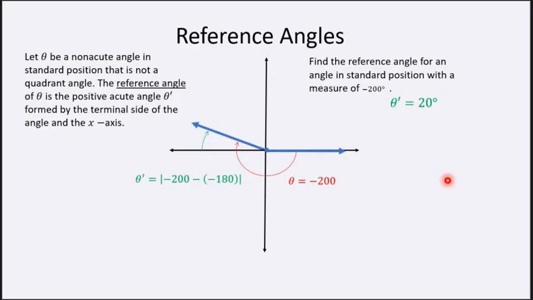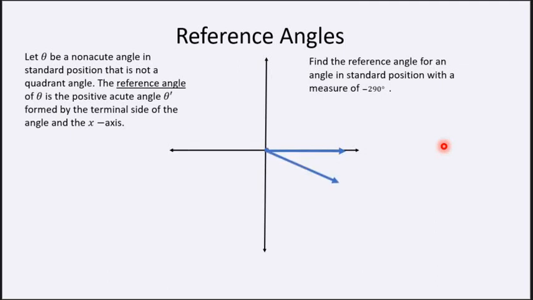All right, now the last example here, let's take a look at a negative 290-degree angle. You'll notice here that in order to get an acute angle, we can't measure from the negative x-axis anymore. We're going to have to measure from the positive x-axis.